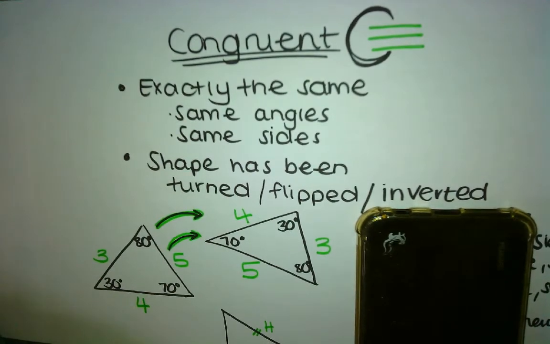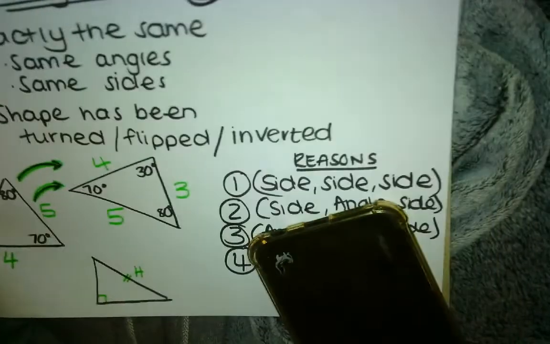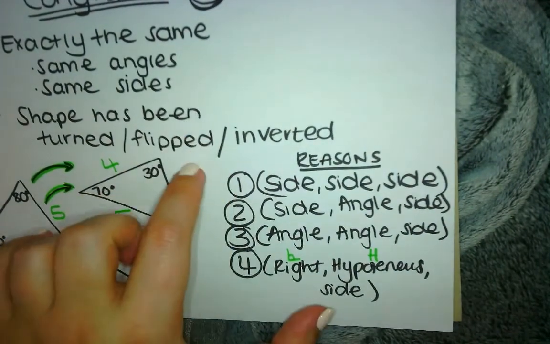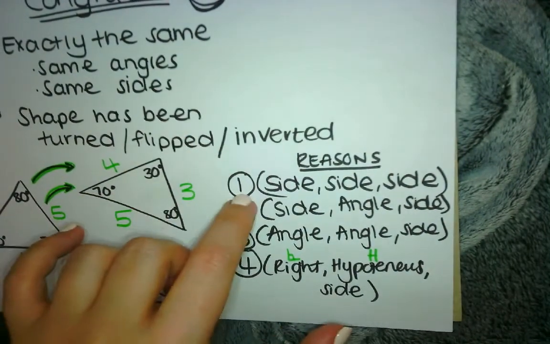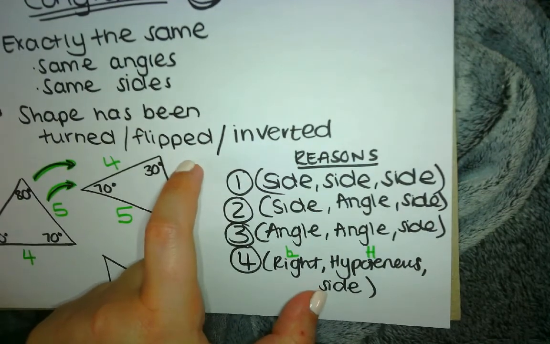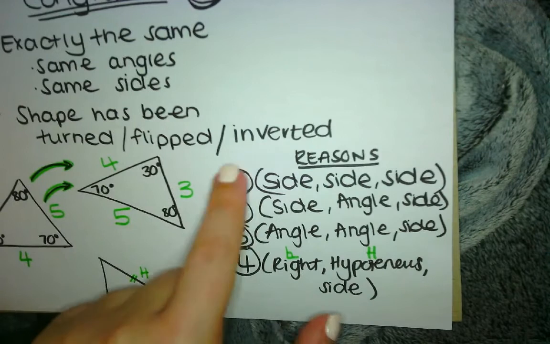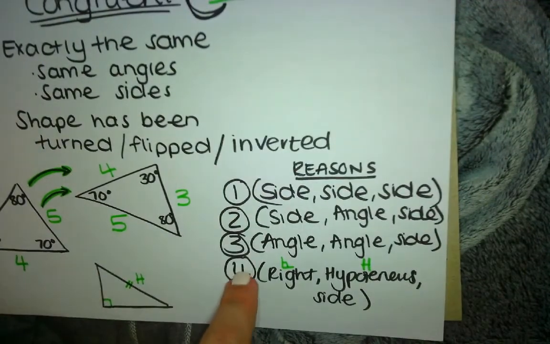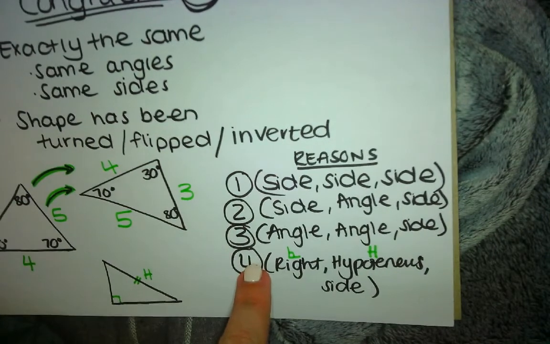Then the one thing that I need you to write down now is the reasons. Remember, for similarity we only had one reason. Now for congruency, we've got four, but the main three I need you to remember. The fourth one I'm not really going to ask now, but you will be asked in high school.